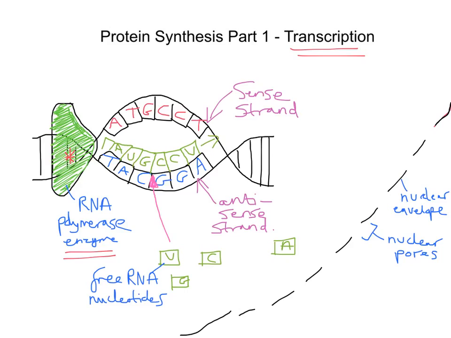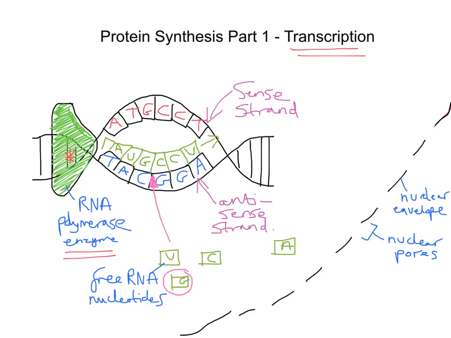So where there's a free G, for example, that will move up and join by complementary base pairing to where there's a C on the antisense strand. So you're almost building a messenger RNA strand on top of the exposed antisense strand.